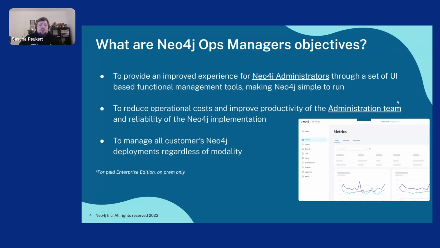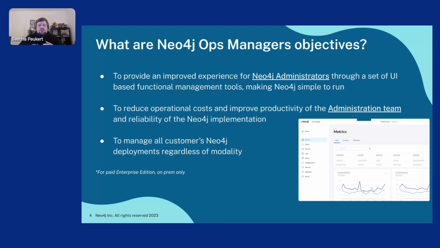So what is Ops Manager? Again, there was a really good talk earlier this day. But in case you missed that, Neo4j Ops Manager is a tool mainly aimed at administrators that should reduce operational costs and improve your productivity.